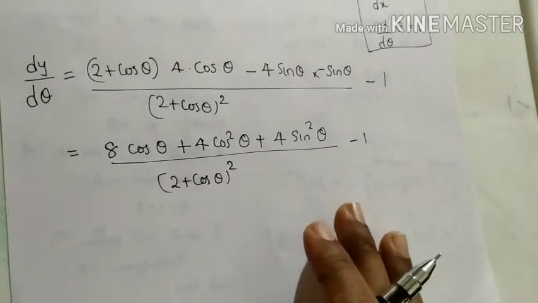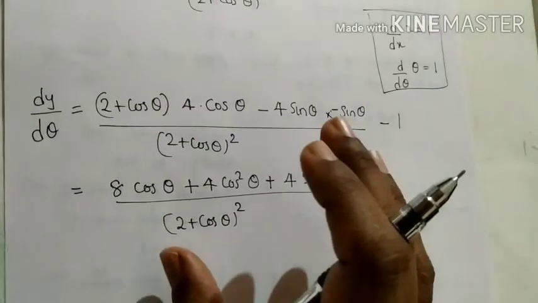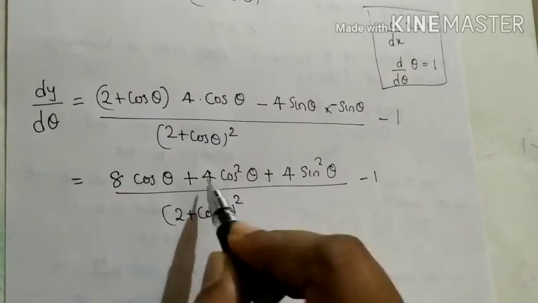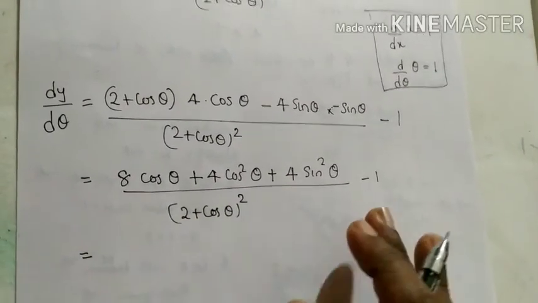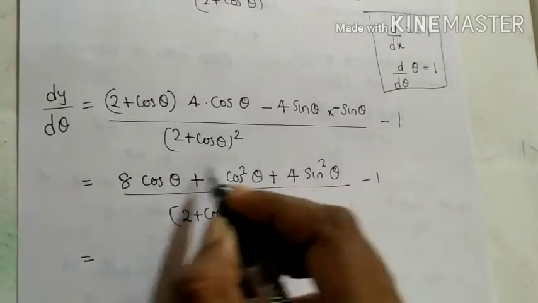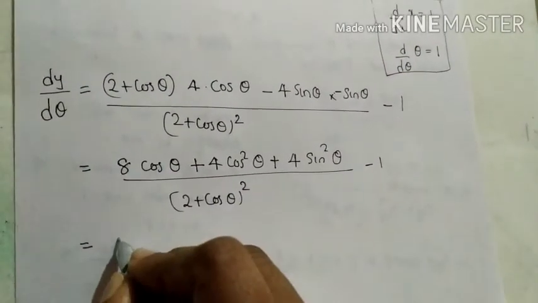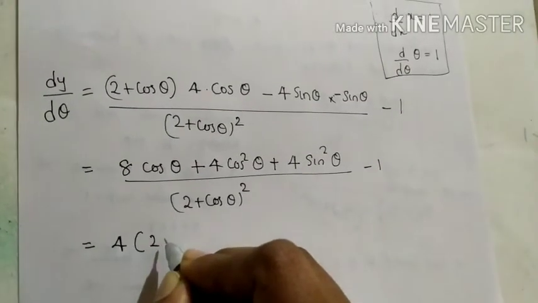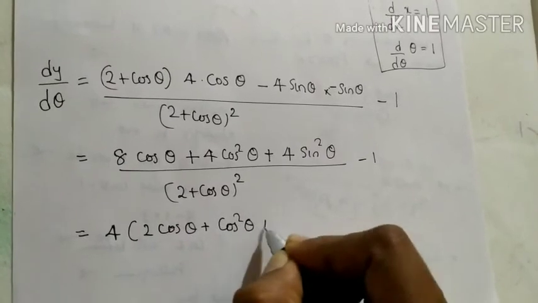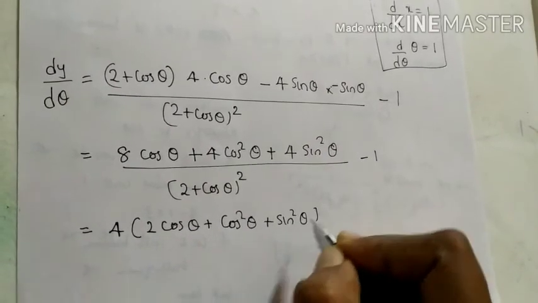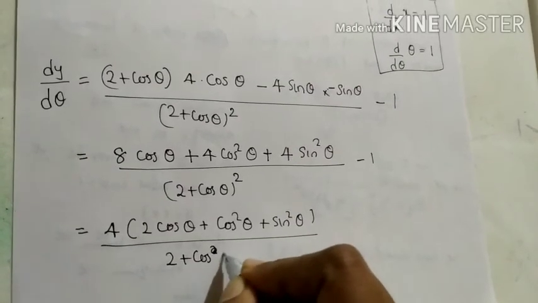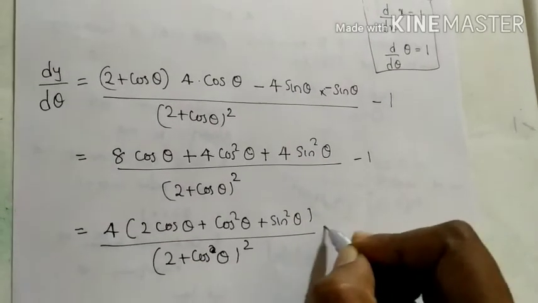Okay, so if we observe this quantity, we can see that here 4 is common. So next I am going to take 4 from all these terms. We get 4 into 2 cos theta plus cos square theta plus sin square theta, okay, whole divided by 2 plus cos theta the whole square minus 1.